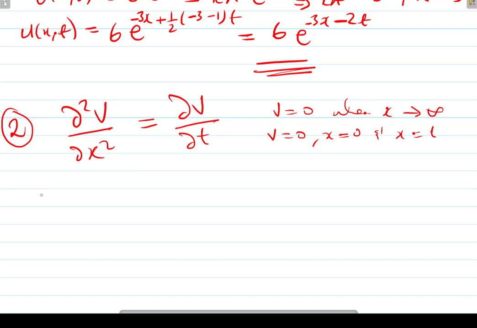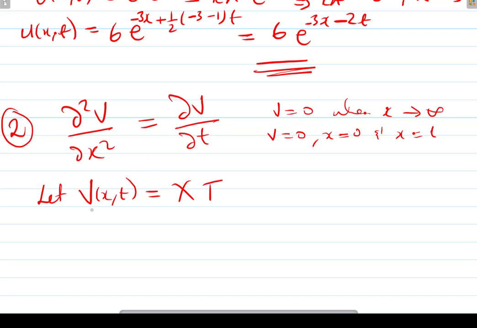As before, we are using separation of variables. The first thing: let v, in this case v(x,t), equal X times T. Remember, X is a function of x alone and T is a function of t alone.